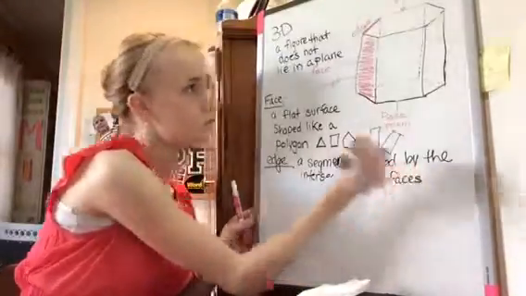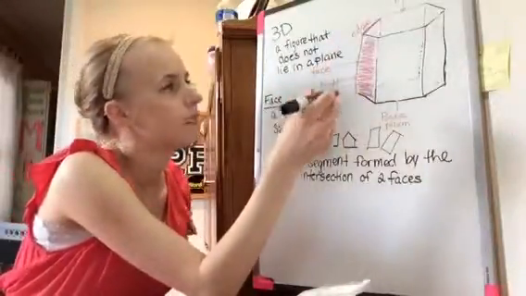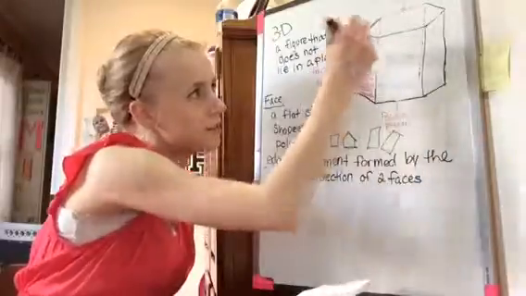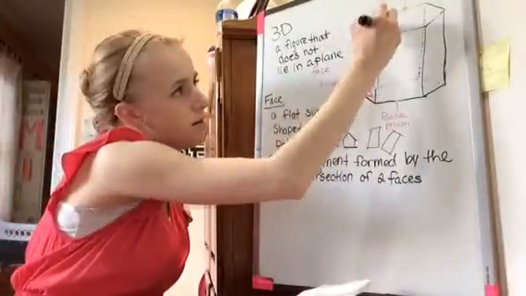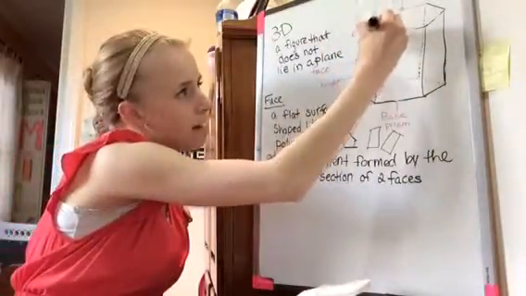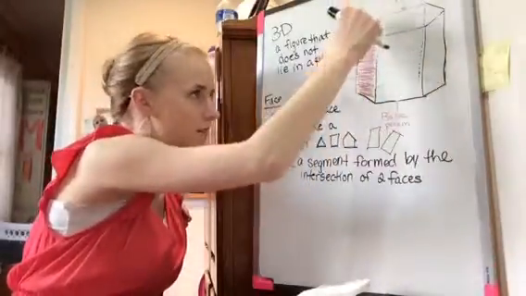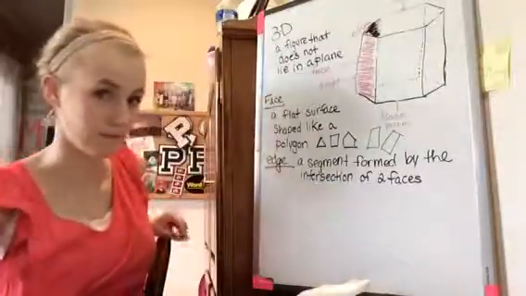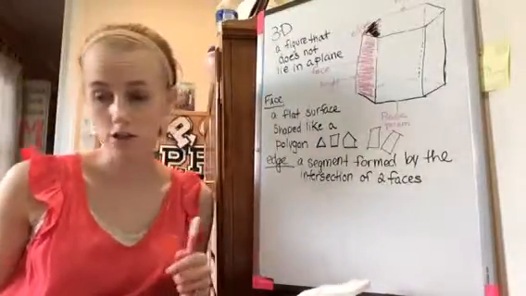So when I said this was an edge right here, it's the intersection of where this face here crosses and then this one back here that I'm coloring black would cross each other. We can't see all of it, but that's where they cross. So that is defined as an edge.